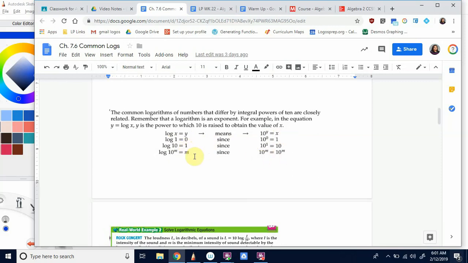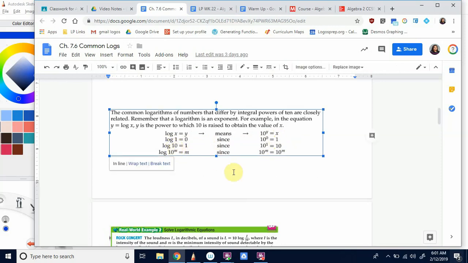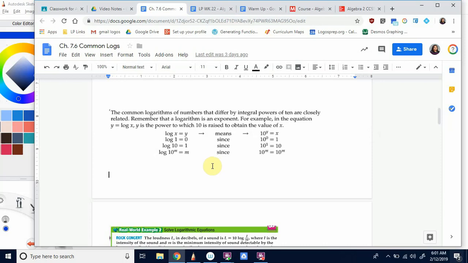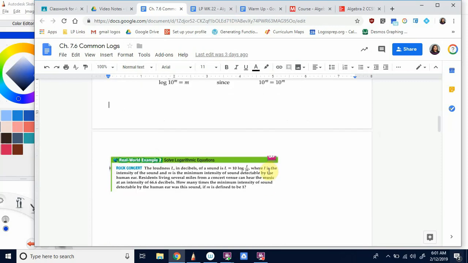All they did was change it to exponential form to show you how they differ. When you have 10 as your base, 1 equals 10 to the 0, and when you have the argument 10, you have 10 to the 1, and so on. So they're telling you, since log base 10 of 10 to the m is equal to m, it can also be written as 10 to the m equals 10 to the m.